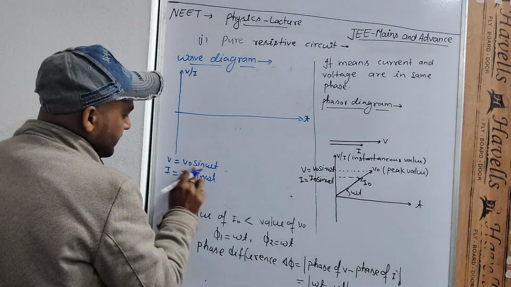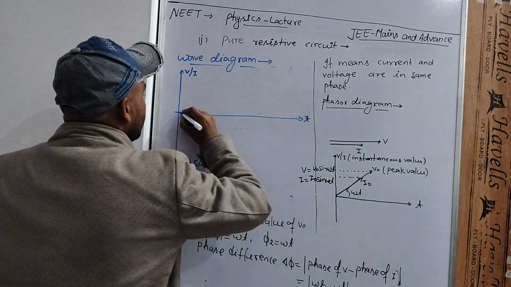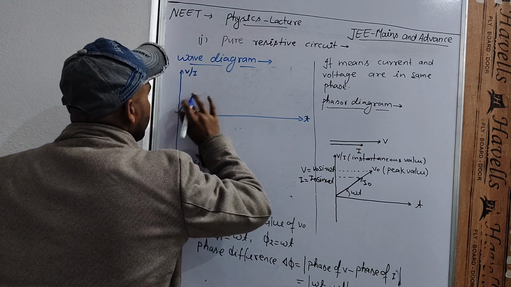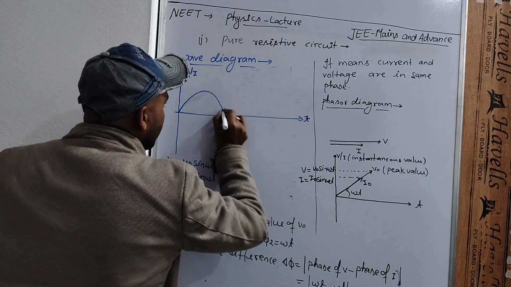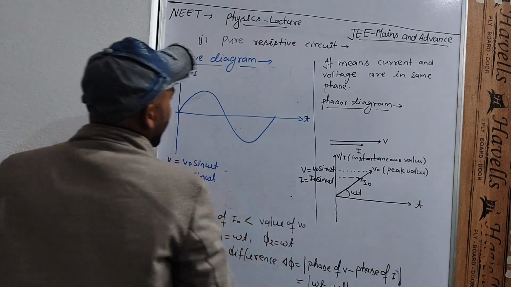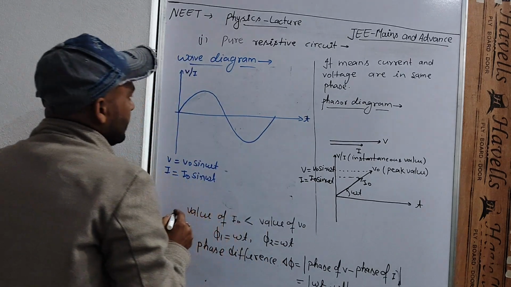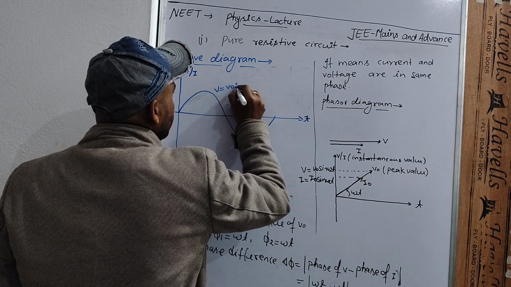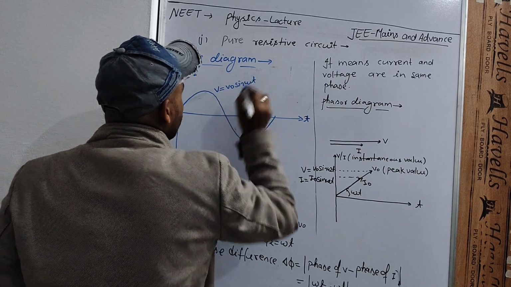Then this graph will be sinusoidal, and it is like that. We draw for one cycle, and this shows V is equal to V naught sin omega t.